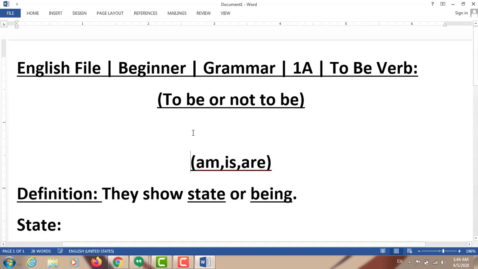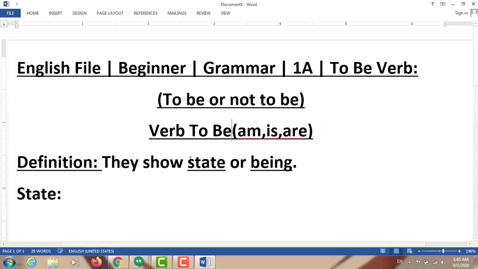Okay, so verb to be. These are to be verbs: am, is, are. The definition says they show state or being. For example, for state you can say, I am fine.